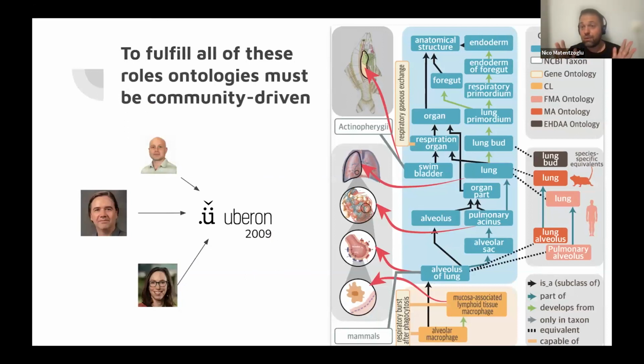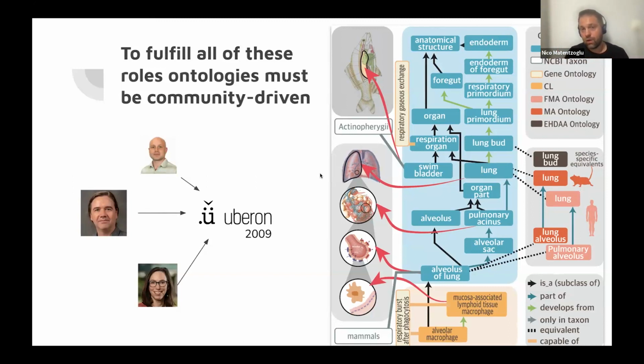All right, so we've established we have a need for ontologies. We need this for global data integration, and for ontologies to actually be able to fulfill this role as pieces of the puzzle for global data integration, one of the core things that they need to be is community driven. So for example, this is a really nice story.